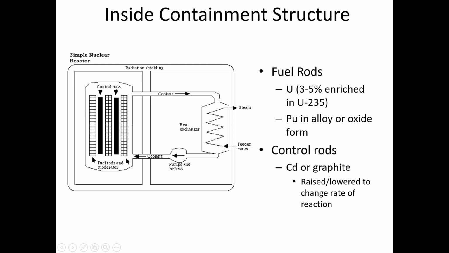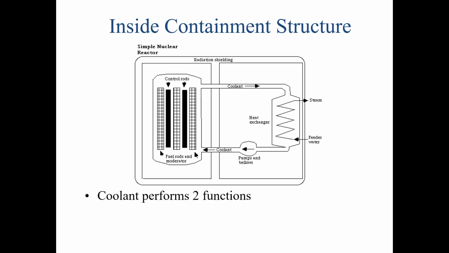If you want to increase or decrease the reaction rate, to accelerate or decelerate, you just have to move these rods, lowering or raising them. The reactions totally depend upon the movement of these rods. That's why they're called control rods.